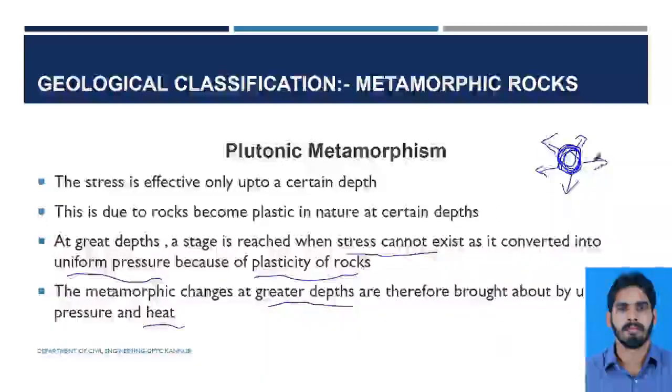Stress means only one direction, either tensile or compressive. Here it is a uniform pressure. Stress is an internal phenomenon, whereas pressure is an outward phenomenon, which is an area-dependent parameter. Since the units are the same, but conceptually they are different. This is plutonic metamorphism.